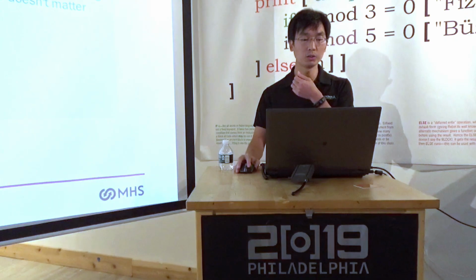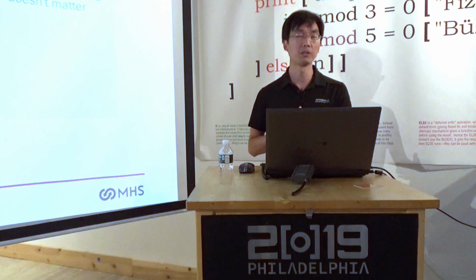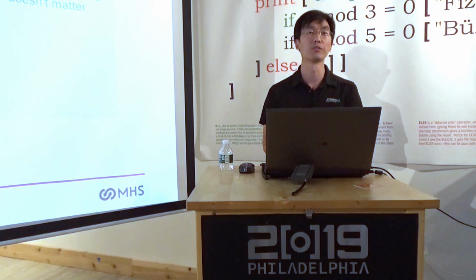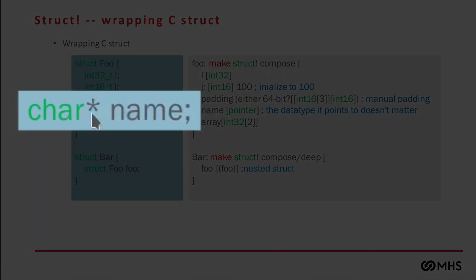And another thing you need to be aware of is that in a C struct, the compiler will do all kinds of alignment based on the data type of the field. So say if you look at this field, it's a pointer.